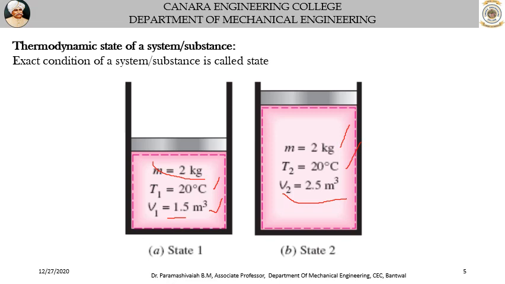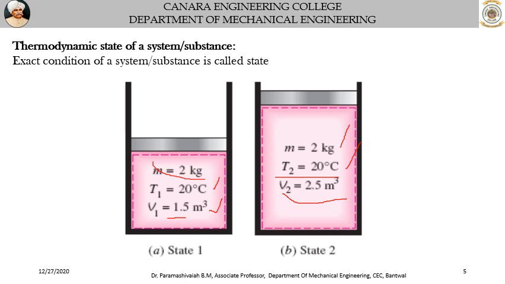This happens when we perform a process on the system. So here the process on this system is an expansion process. That means we have allowed this substance to expand from 1.5 meter cube to 2.5 meter cube. So that means this system has undergone a process. The process may be an expansion process.